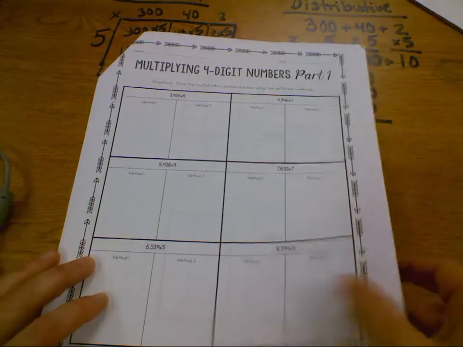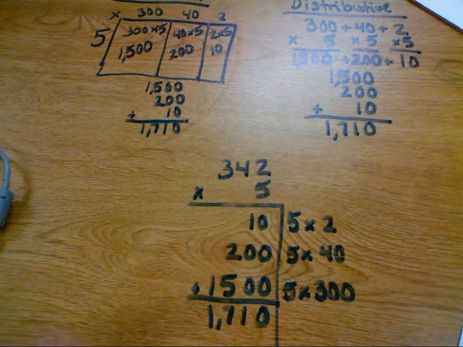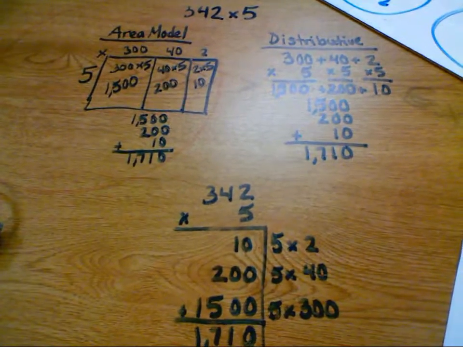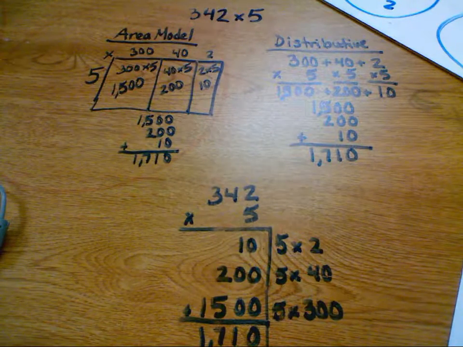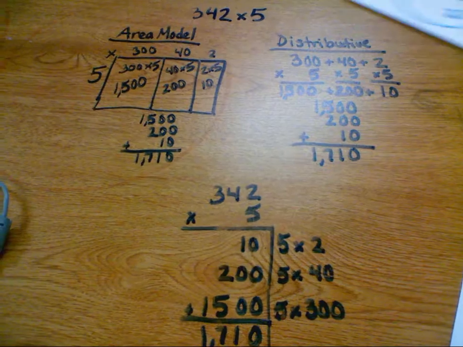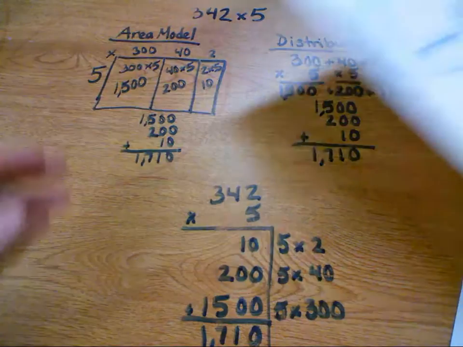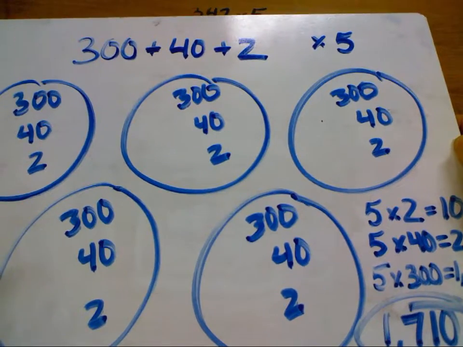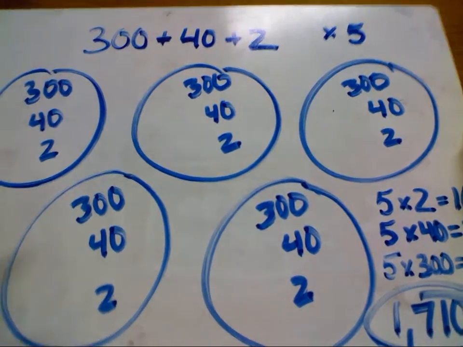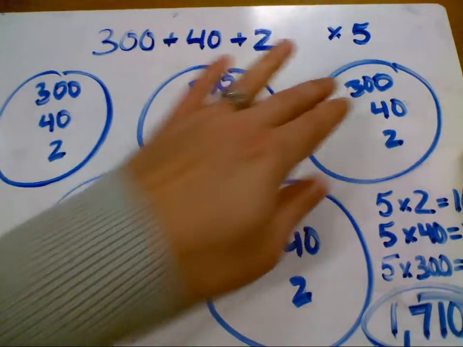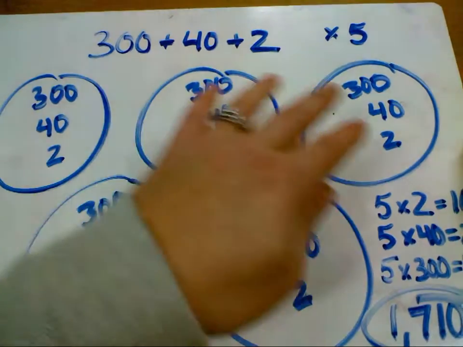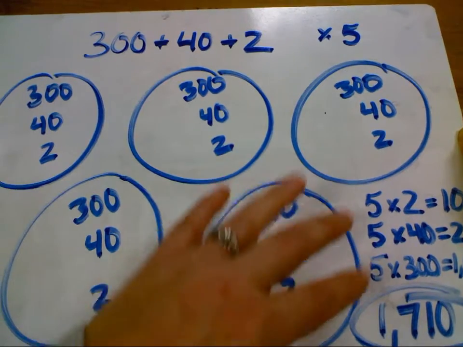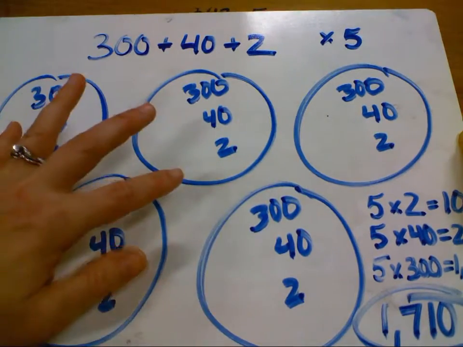I'm going to show you these again. Here are our 3 strategies that I taught to everybody in the whole class. Then today, I did share with a small group this way, where we show how many groups we have and place each of my decomposed amounts inside those groups and figure out the complete final total amount, which would be the product.